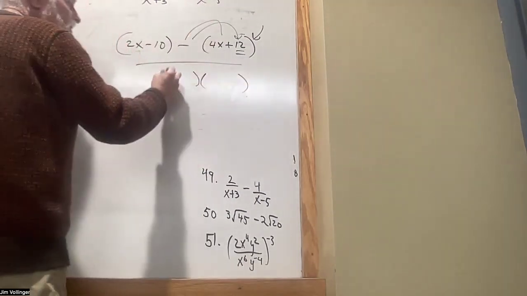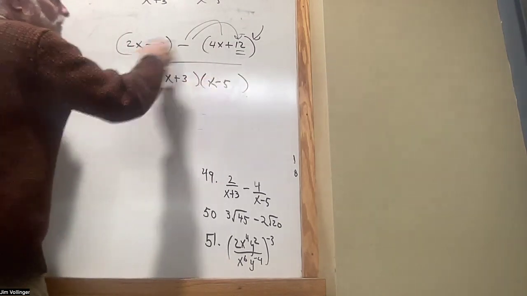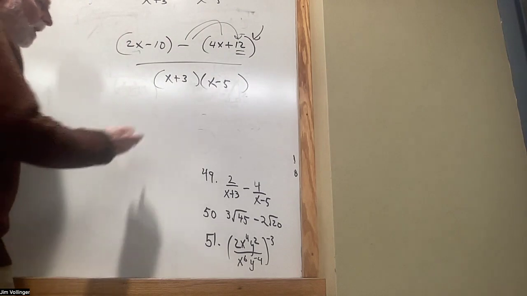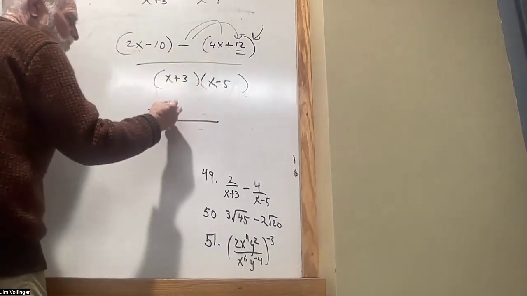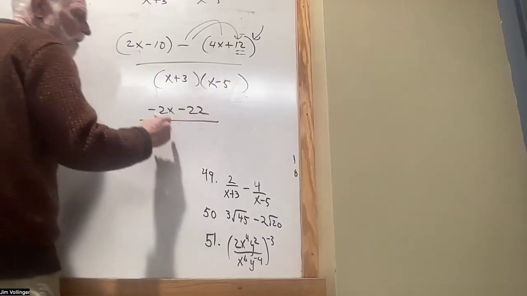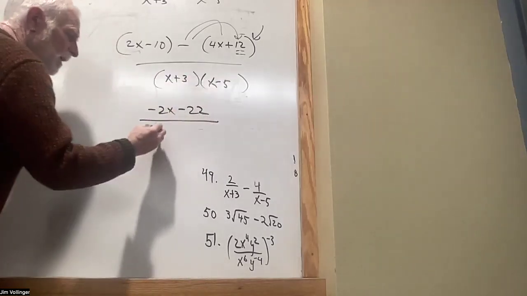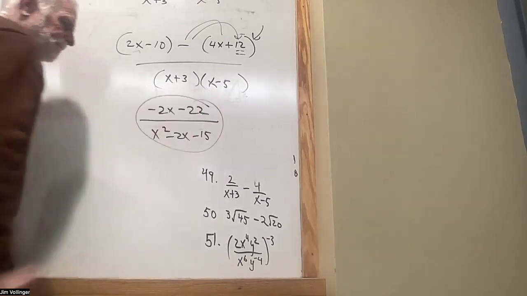I don't like to multiply those out because I never know if one of these is a factor in the numerator, depending upon textbook problems. But right now, I'm simply going to say 2x minus 4x is minus 2x. Minus 10 minus 12 is minus 22. I see x plus 11 as a factor. That's not that. So I'll multiply it out. X squared minus 2x minus 15, just for practice.